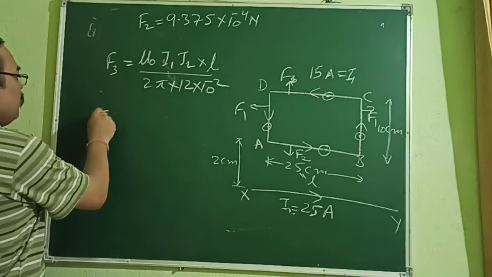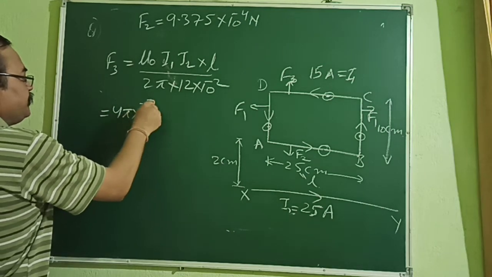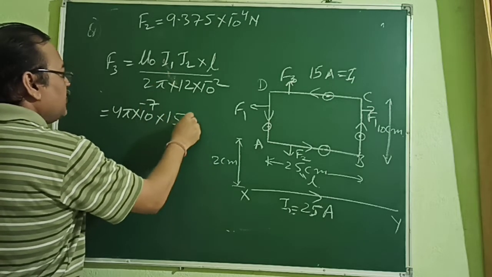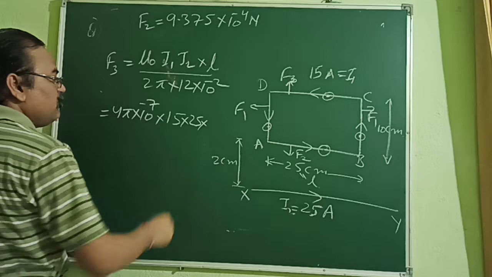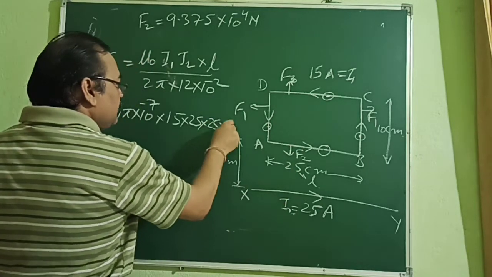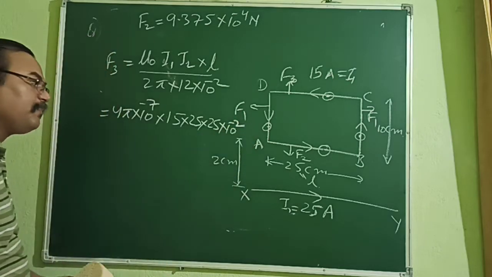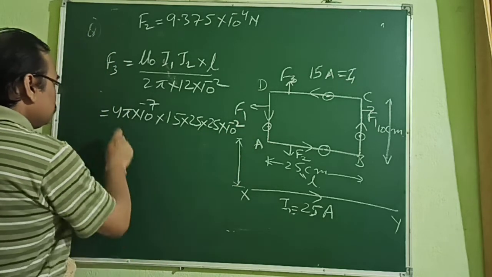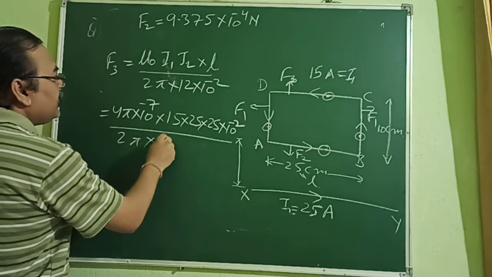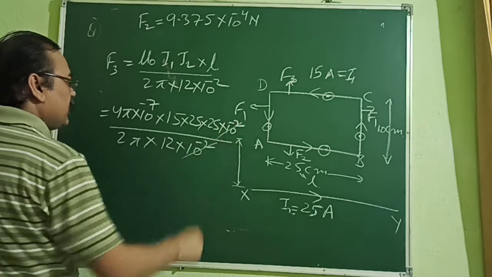We can put in the values. It is 4 pi into 10 raised to the power minus 7. I1 is 15, I2 is 25. Length is again 25 centimeters, so we write 25 into 10 raised to the power minus 2, to convert into meter. Then 2 pi into 12 into 10 raised to the power minus 2. This 10 raised to the power minus 2 again cancels out.